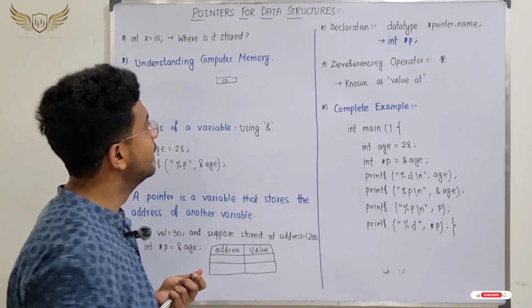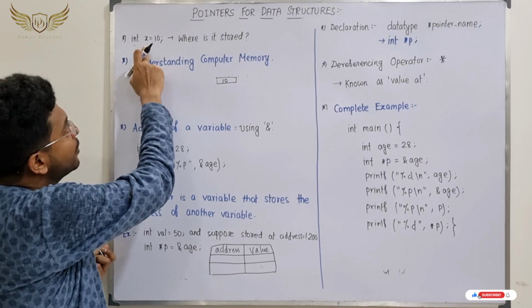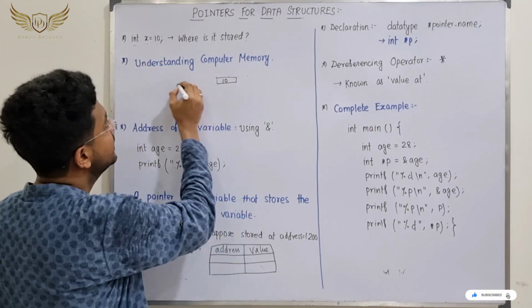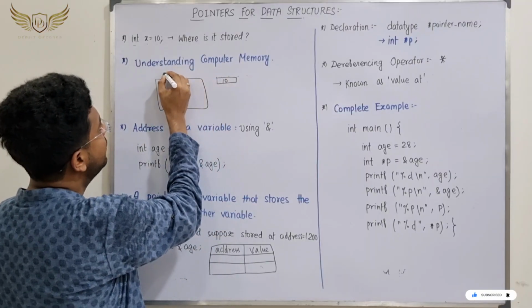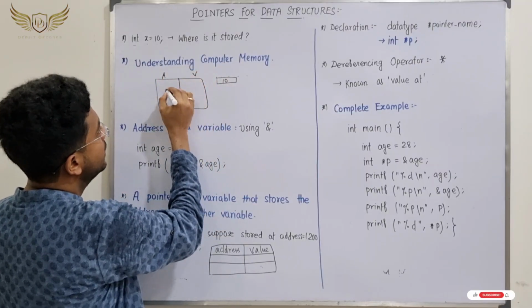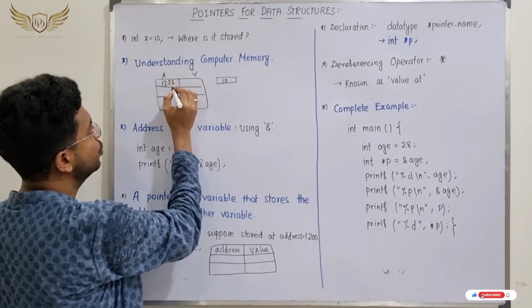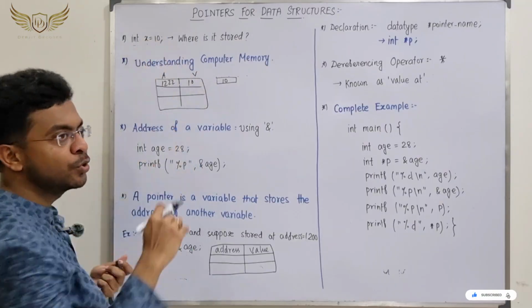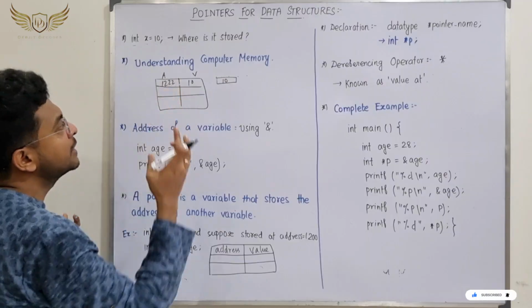Now, suppose we have written int x equals 10, y equals 20, z equals 30, and so on. If you want to understand the computer memory, it will look like there is an address and there is a value. Suppose there was some free space at 1222. This is the memory location, and 10 is there. Now int y equals 20, but before that you have written so many things, so the next memory location may be occupied.